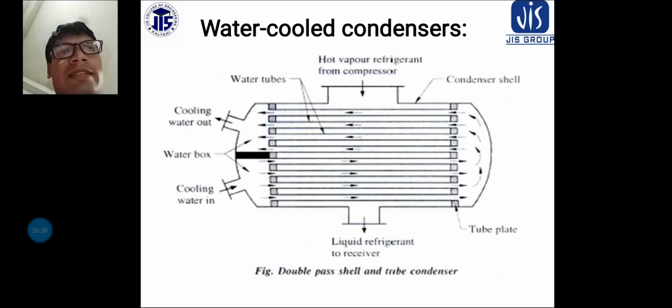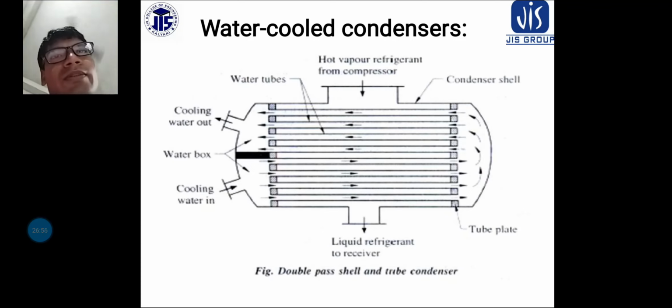I am coming to what the fouling factor is afterward. You have gone through this in the heat transfer subject also. And the heat transfer capacity in a water cooled condenser is very high, but in an air cooled condenser it is low.